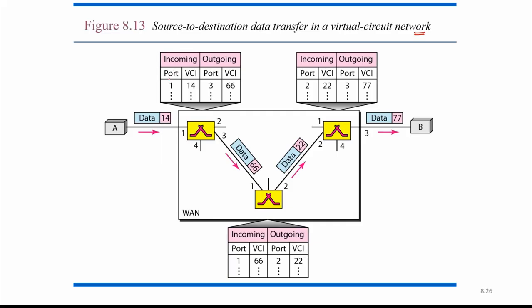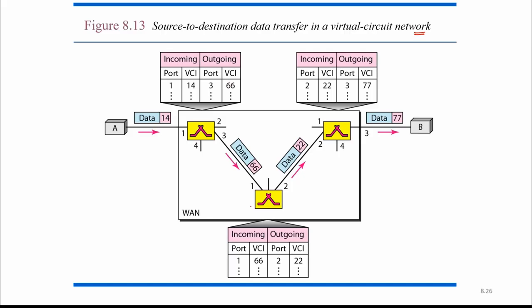Different packets, or here frames, will be coming to the switch, but it will accept only the frames that have VCI 14. So VCI 14 will be accepted, and then it should be directed to port 3 with a new VCI, that is 66.